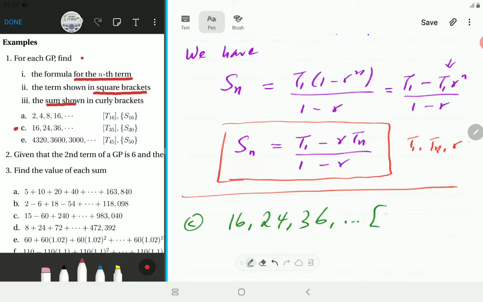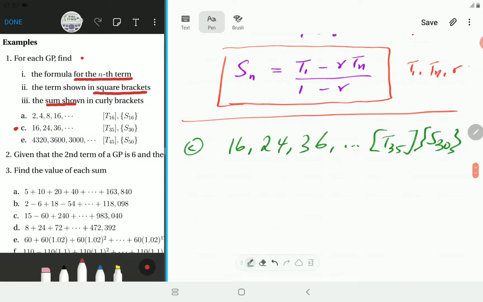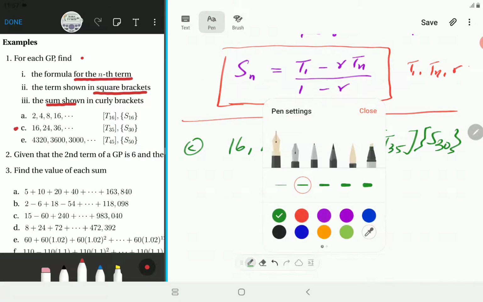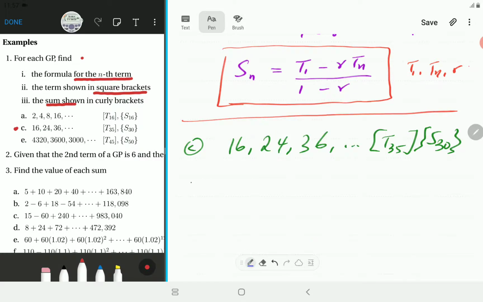We want term number 35. We want the sum of the first 30 terms. So here we need to find T1 and R. Once we got T1 and R, basically then we can find everything else.